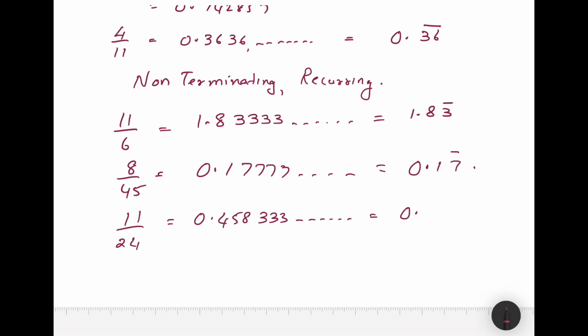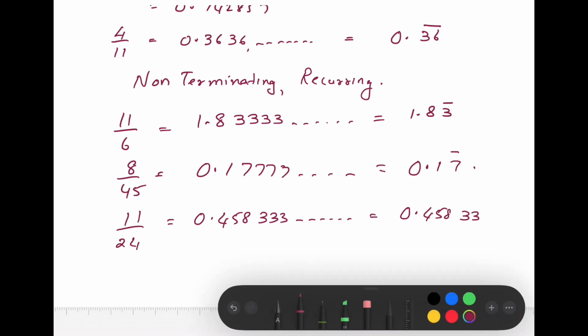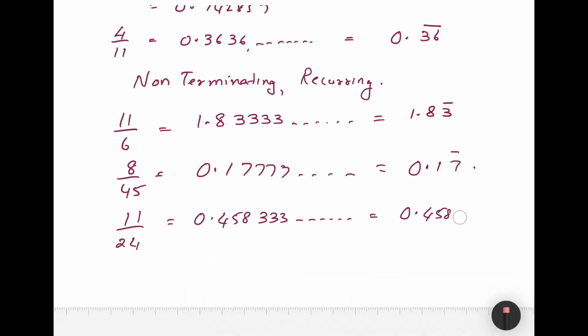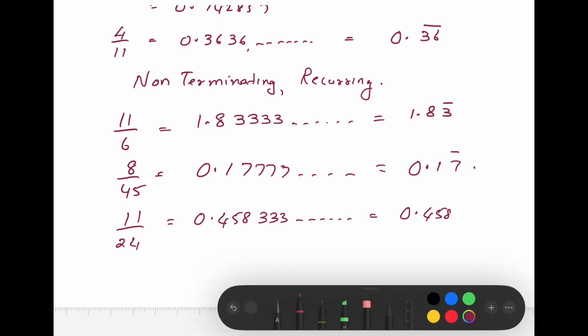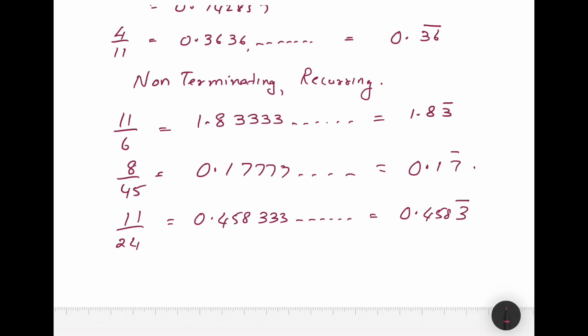So here you will put 0.458 and a bar just on the top of 3. So this is also non-terminating but recurring. There is a pattern. In this example, after 8, 3 is getting repeated. So you are able to write it like 1.83 bar.